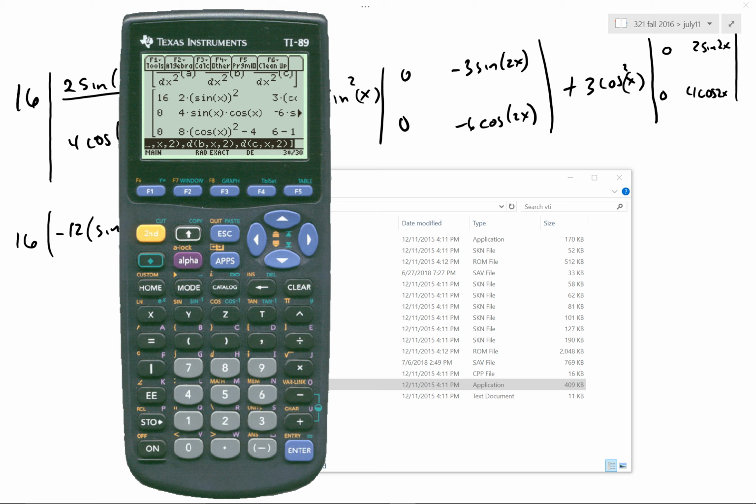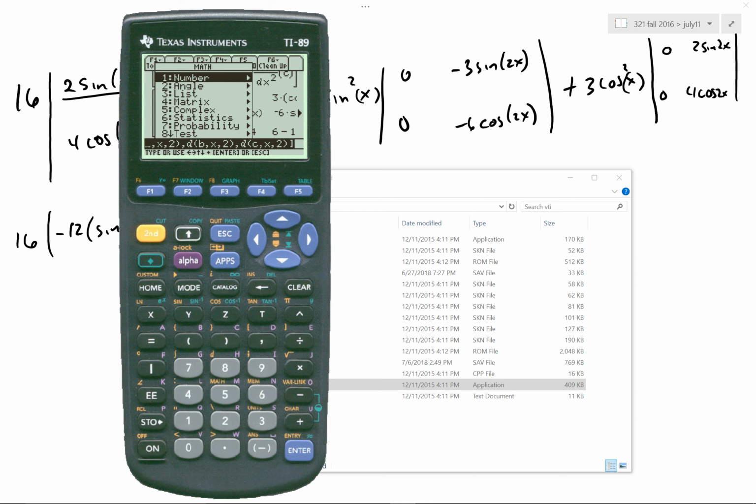Okay? So then, to do this determinant, a couple places to find it, but the best place to find it is under math. So second F5 or second number 5. If you go second number 5, you will see matrix, and we're looking for the determinant of, and then we're just going to click this matrix in there.